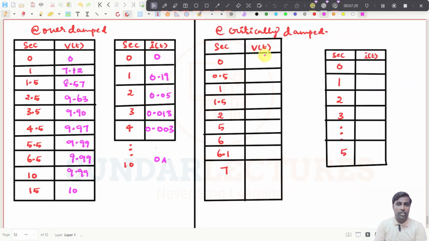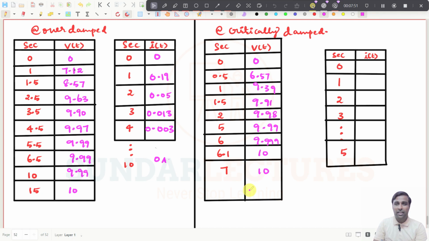At 0 you will get 0 volt, at 0.5 you will get 6.57 volt, at 1 second 9.39 volt, at 1.5 seconds 9.91, and 9.98 at 2 seconds. At 5 seconds it becomes 9.99, at 6 seconds 9.999, and it becomes 10 volts.